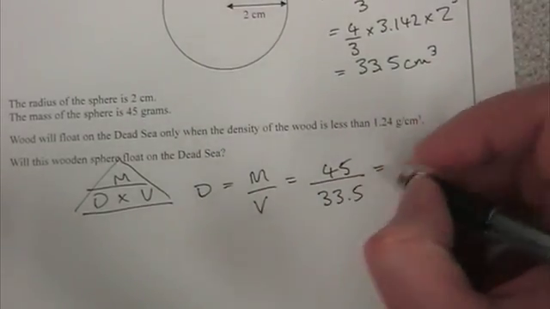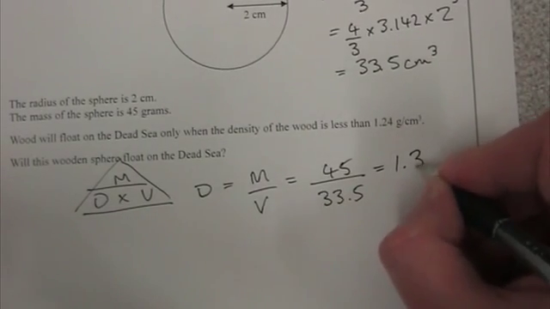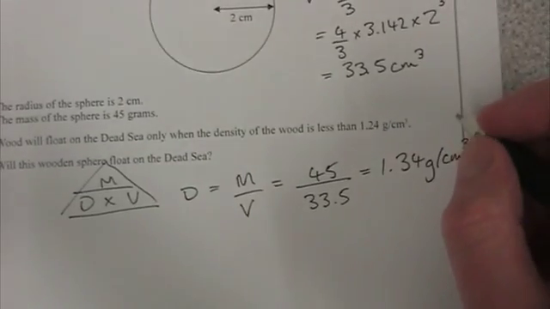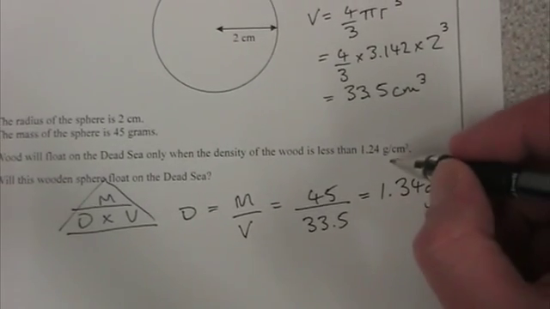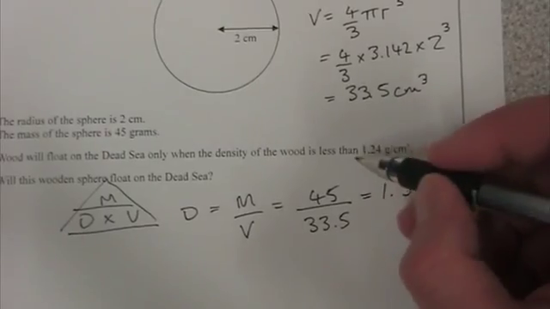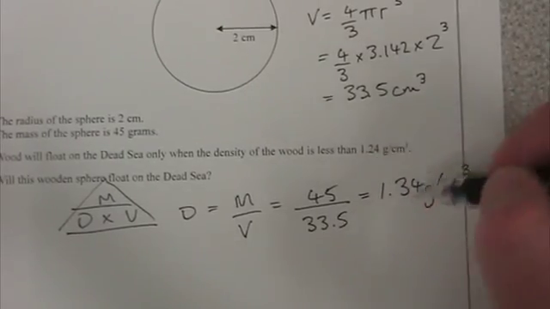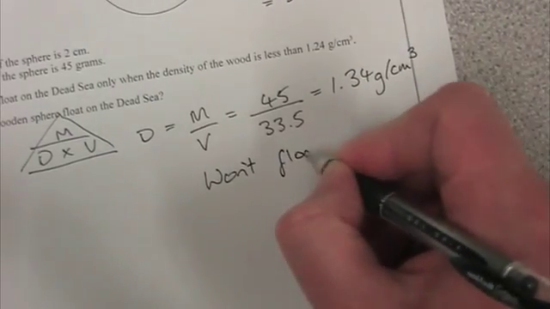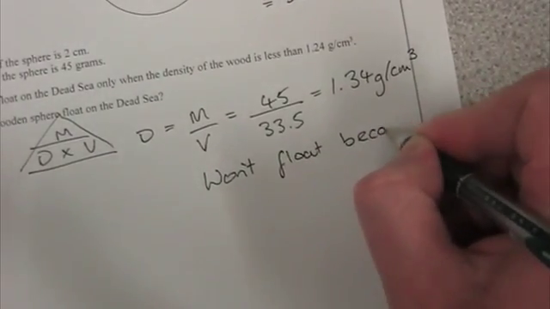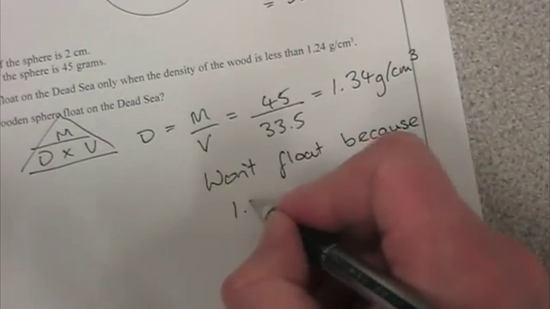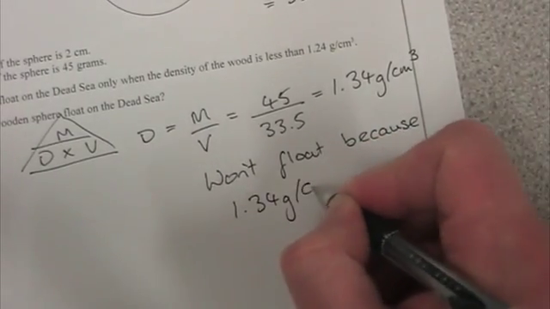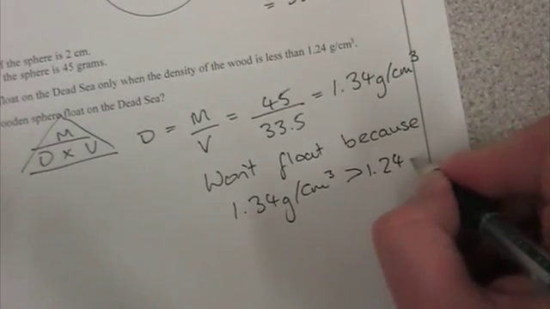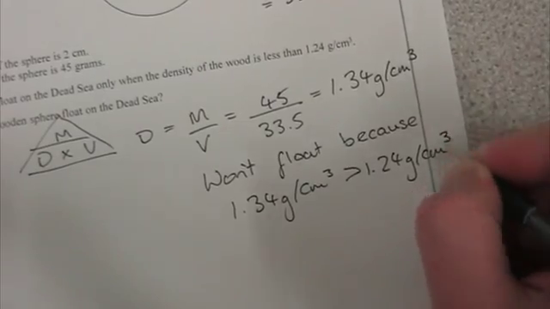So, divide 45 by 33.5 and we get 1.34 grams per centimeter cubed, which is more than this, and wood has to be less than that to float in the Dead Sea, so it won't float. And we could put because 1.34 grams per centimeter cubed is more than 1.24 grams per centimeter cubed.